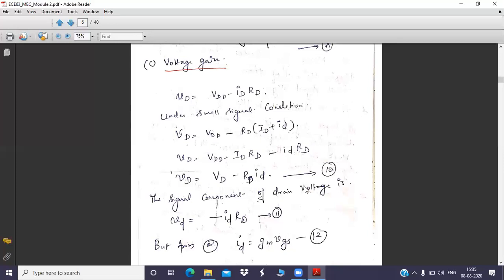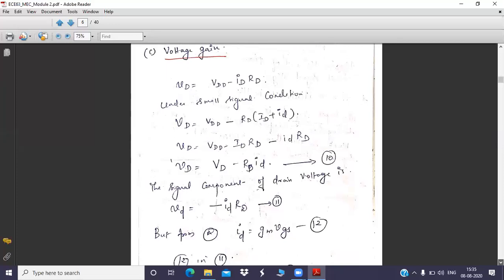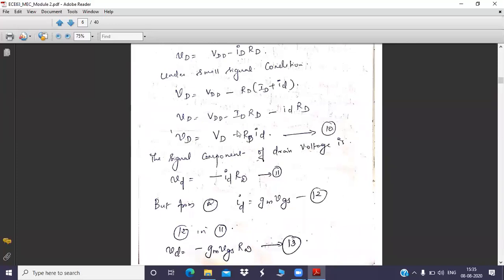So this is equation number 10. VD equal to VDD minus ID RD. Now, next is the small letter vd is minus id RD. This is small letter vd because this is pure AC. This entire term is pure DC, and for this only I have replaced it with the capital VD.